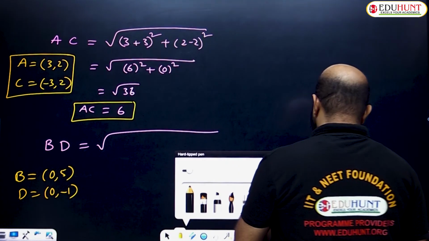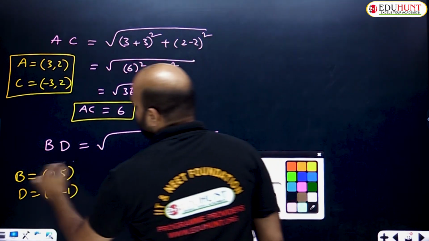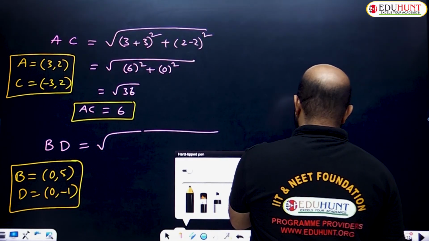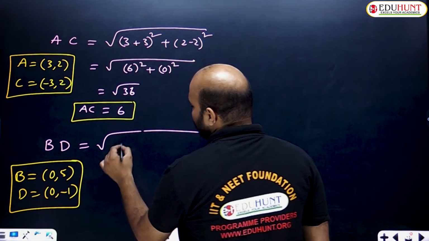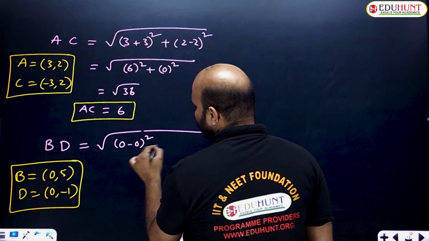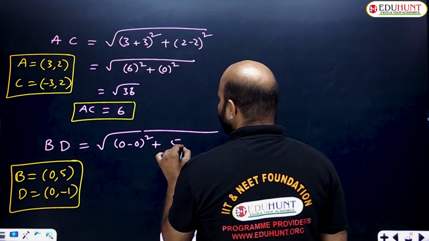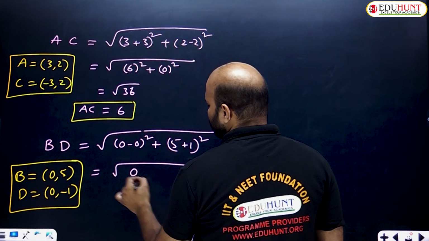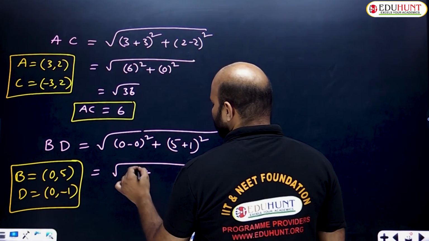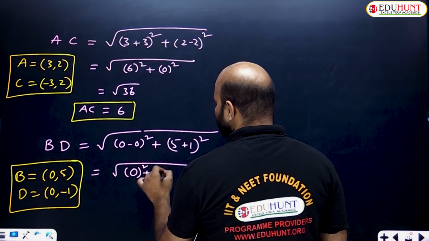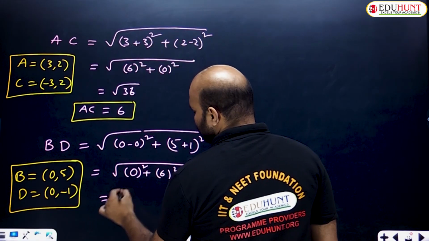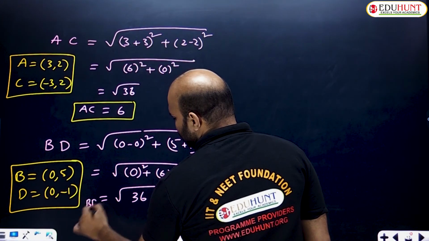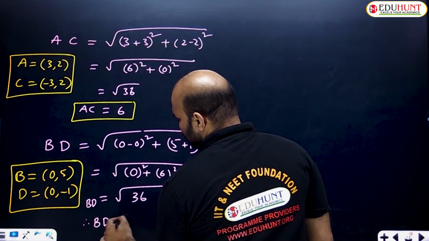So B coordinates are x2, y2 and D coordinates are x1, y1. 0 minus 0 whole square plus 5 minus minus 1, plus 1, whole square. So 0 minus 0 is 0, and 5 plus 1 is 6 whole square. So 0 plus 36, BD squared equals 36, therefore BD equals 6.